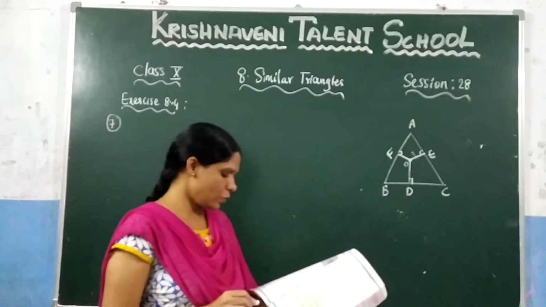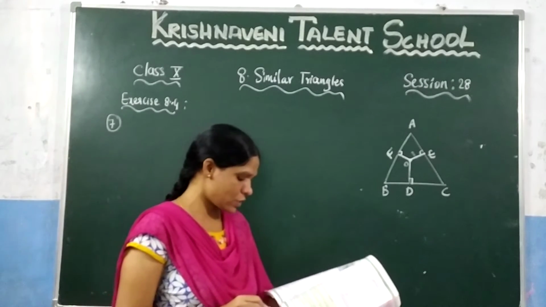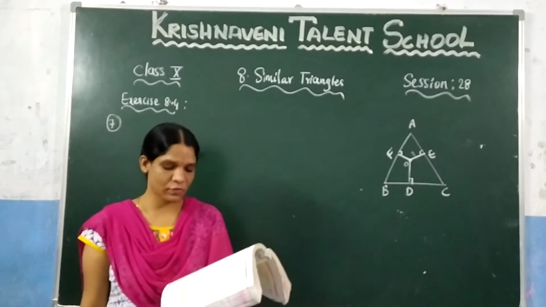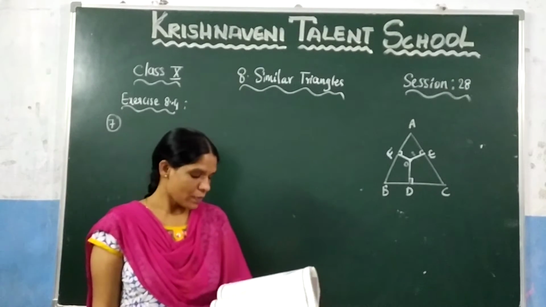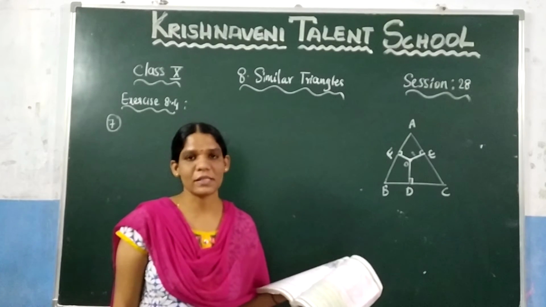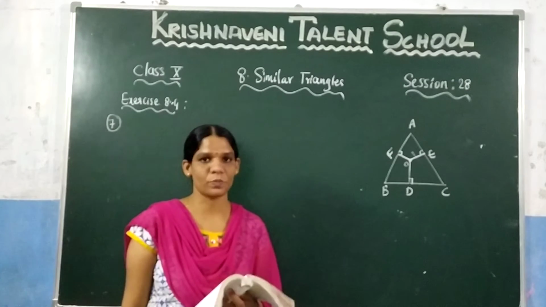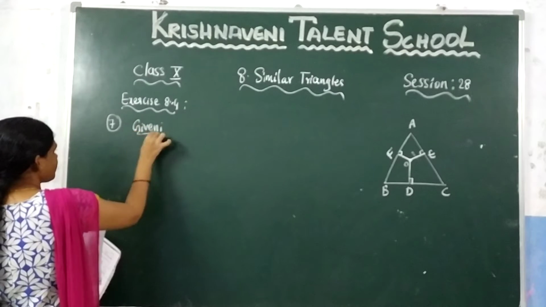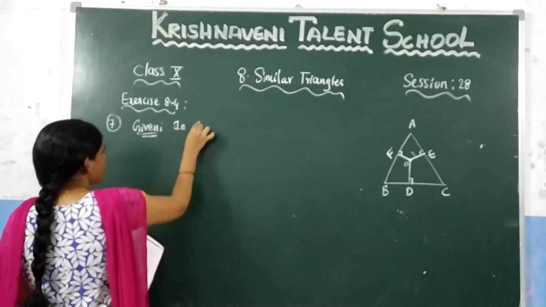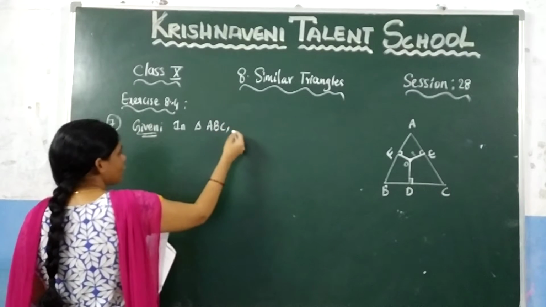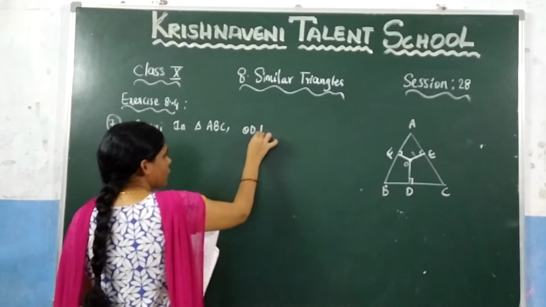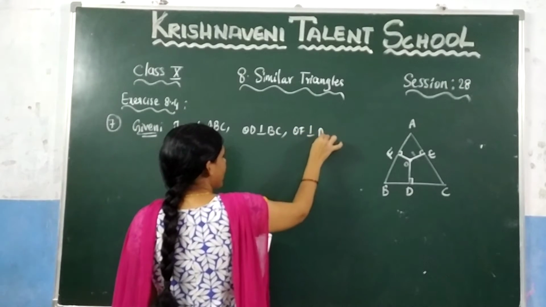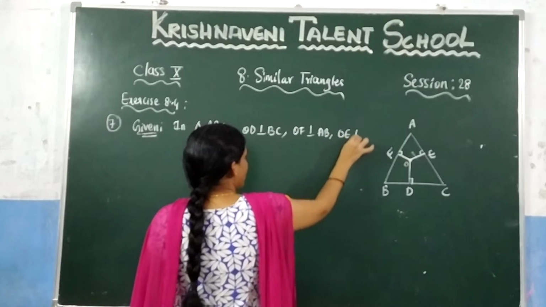Based on this, we need to prove OA square plus OB square plus OC square minus OD square minus OE square minus OF square is equal to AF square plus BD square plus CE square. And they have given one more condition. Let us write what they have given and what we need to prove. So here, in triangle ABC, OD is perpendicular to BC and OF is perpendicular to AB and OE is perpendicular to AC.